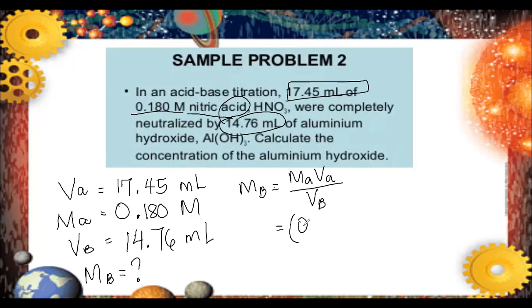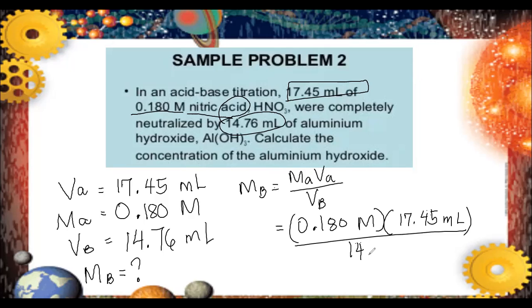So we have 0.180 moles multiplied by the volume of the acid ml over the volume of the base, which is 14.76 ml.